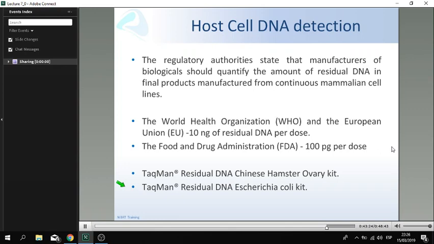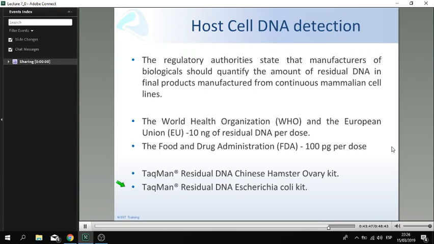To do that, your regulatory authorities tell you that you have to do it, and they give you the amounts that are acceptable. But this can be slightly different on a case-by-case basis. Just as an example, the World Health Organization and European Union tell you that you can have 10 nanograms of residual DNA per dose.